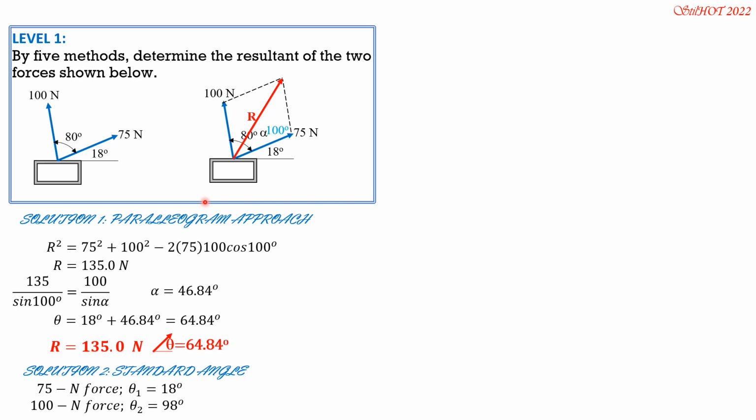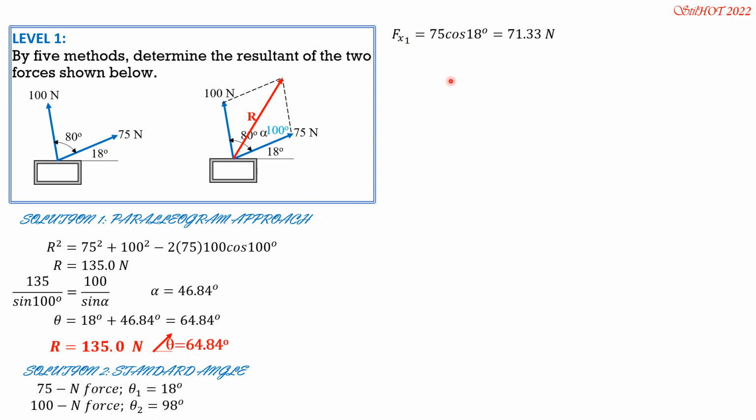But for clarity, and because this is the first example, let's compute the component of each first. So Fx1 is equal to 75 cosine of 18, so 71.33. You might say this is longer than the first. No, you can make this short if you compute for Rx directly.